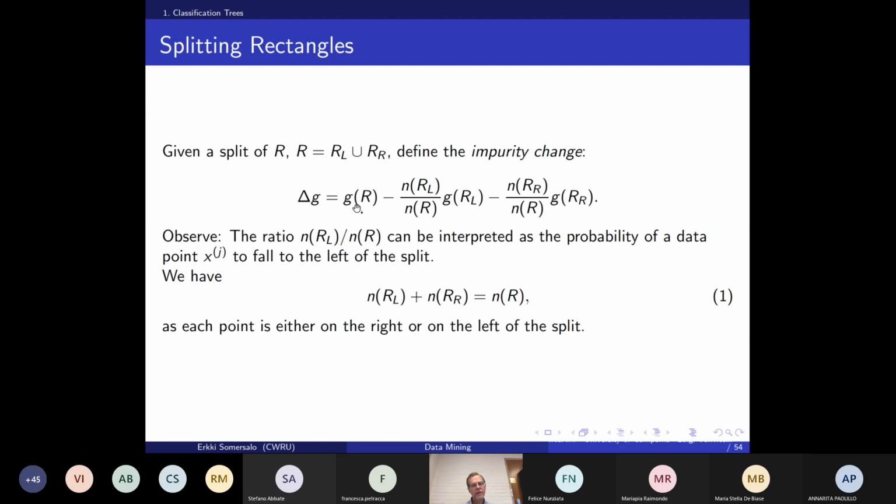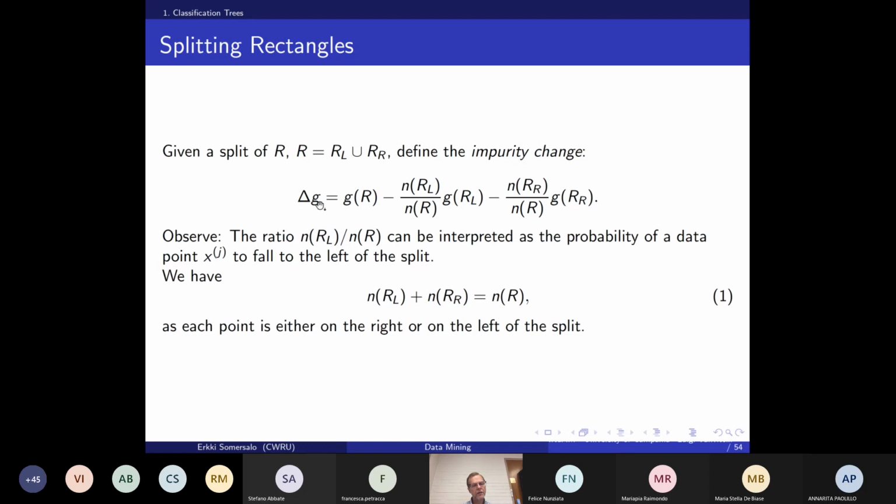So I'm simply saying that the impurity is, let's say, decreasing. Now I have to be careful. So impurity is increasing if this delta G gets smaller, right?